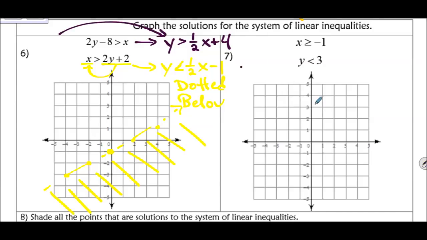This one is also dotted. But that one I'm going to shade above, saying y is greater than. So I'm shading above, and it's just greater than, not greater than or equal to. It's a dotted line. It starts at 4 and also has a slope of 1/2.